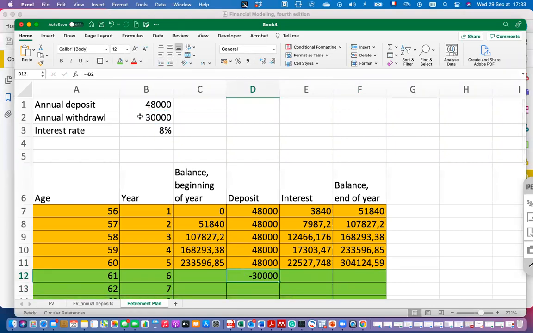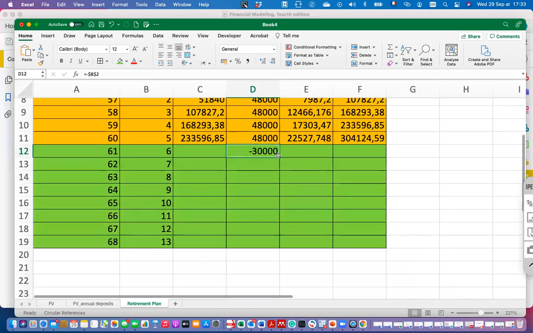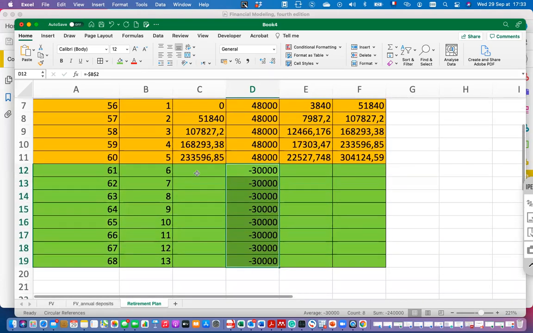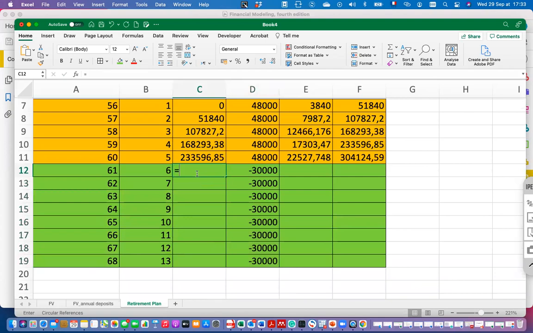And since this withdrawal is constant, I have to add the dollar sign right before and after the B. Now at the year 6, it will be equal to the balance at the end of year 5, and then scroll it down.